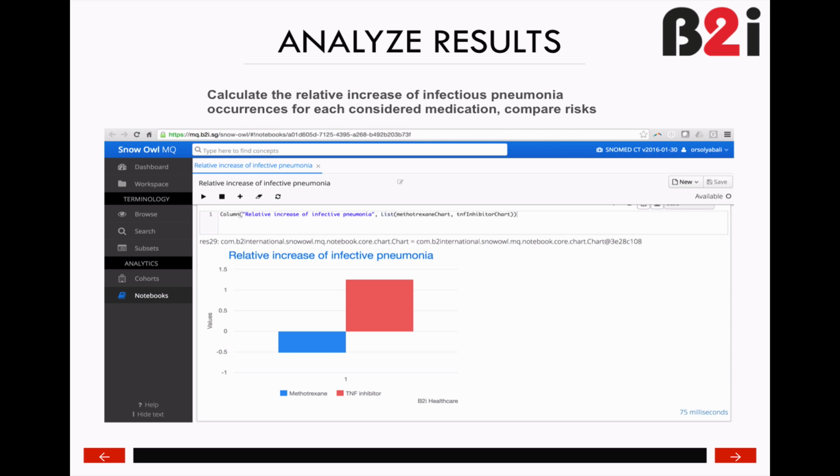For our particular question, the answer is visible and visualized on this chart. The relative increase of infective pneumonia occurrences after the medication intake was negative for those who were on the methotrexate therapy, whereas it was over 1% for those who were on a TNF inhibitor therapy.